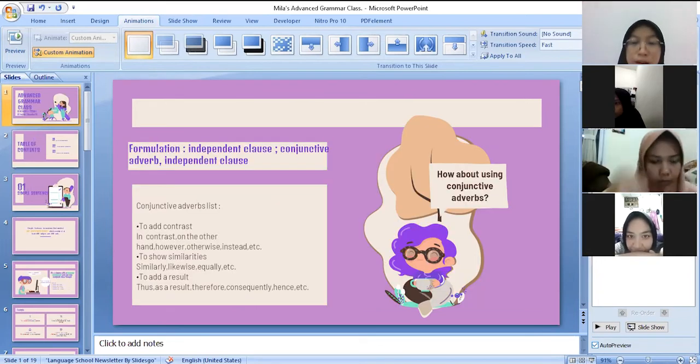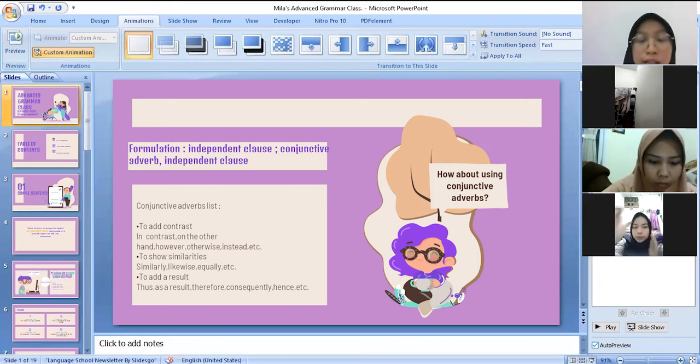Next, how about using conjunctive adverbs? The formulation: independent clause, semicolon, conjunctive adverb, comma, independent clause. It looks complex, but it's easy when we understand it.